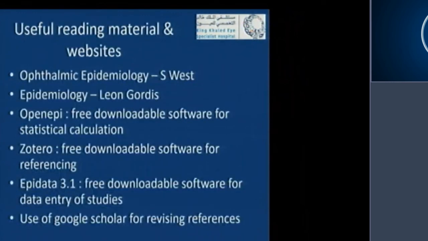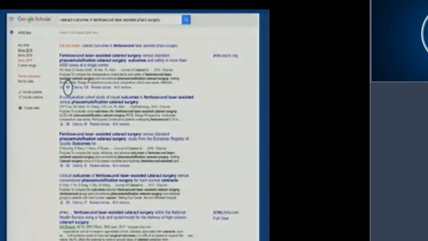These are some of the websites which I want you to go to: OpenAPI, Zotero, Epidata 3.1. These are very useful for early researchers, and once you get adapted to that, you can use it for your research as well as publication.